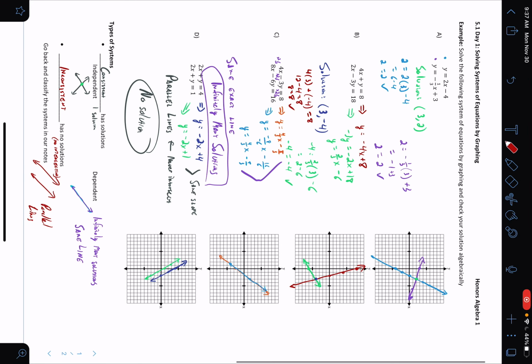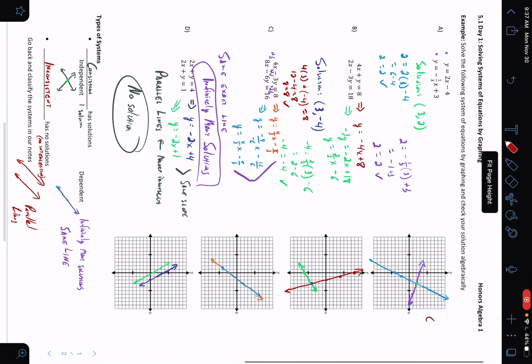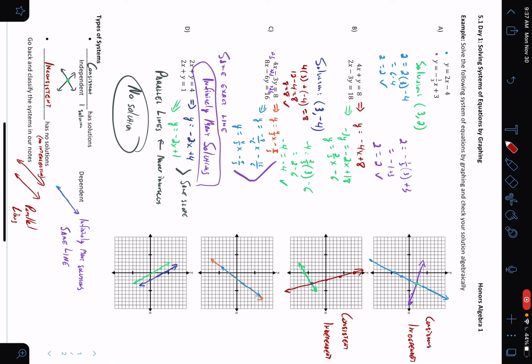For the first one, it has only one solution, so that would be consistent, independent. Same thing with part B. One solution, one point of intersection, consistent, independent.